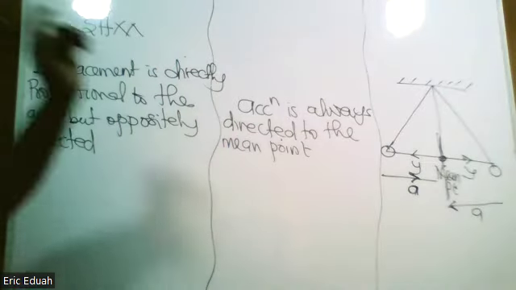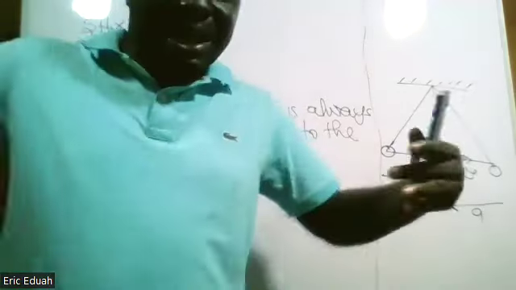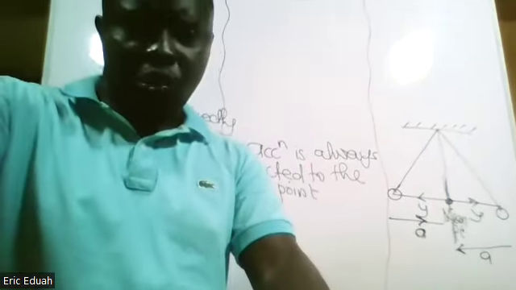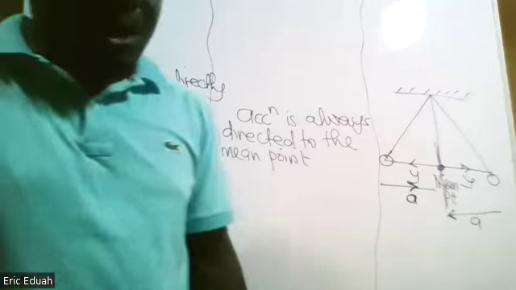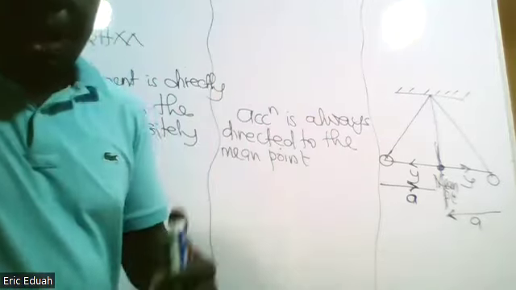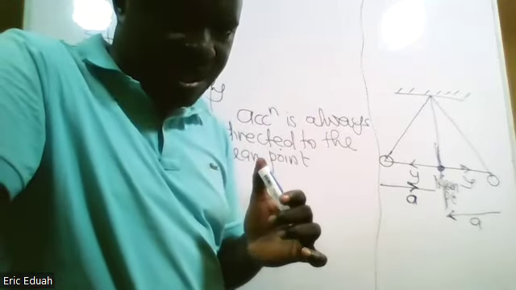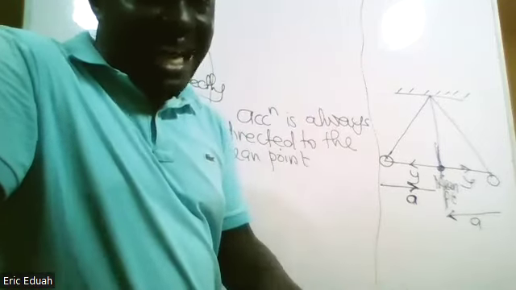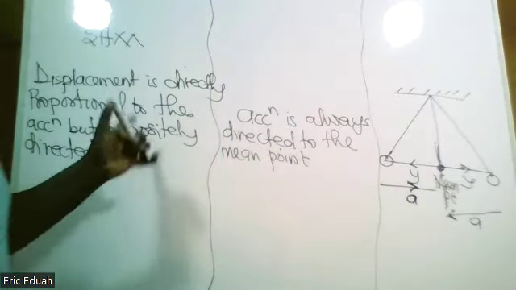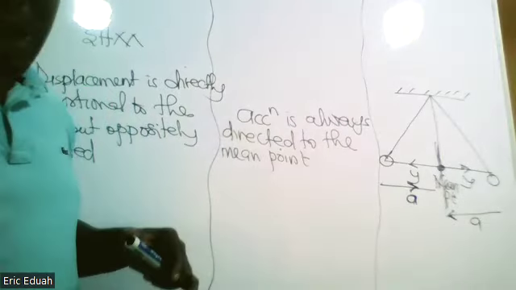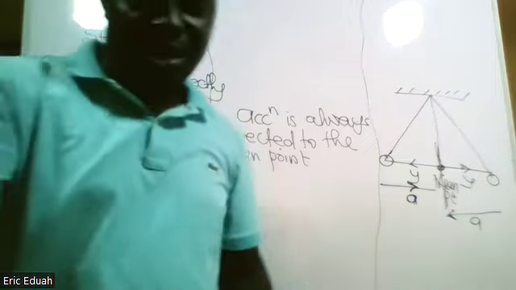So it can also be defined as the repeated to and fro or up and down motion of a body whose acceleration is directly proportional to the displacement and directed towards the mean point. Instead of saying but oppositely directed, you can use but directed towards the mean point.